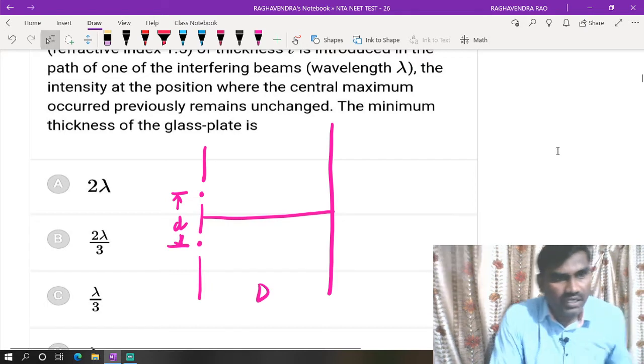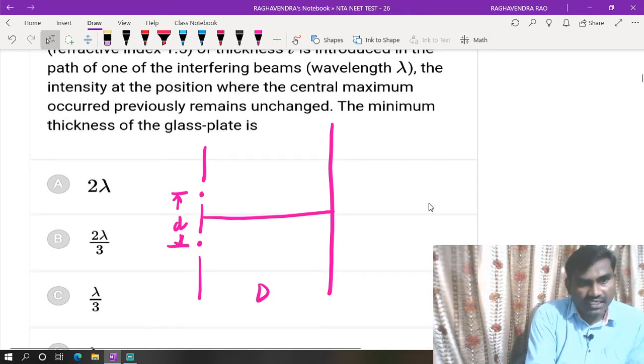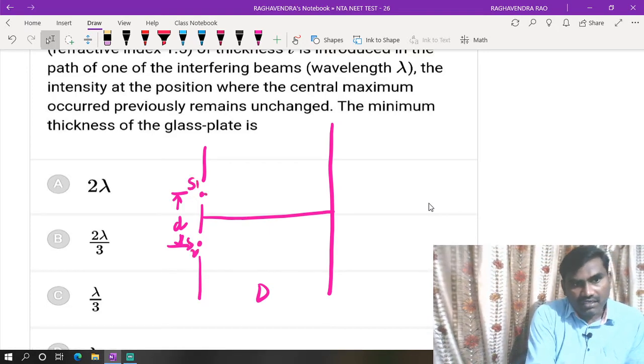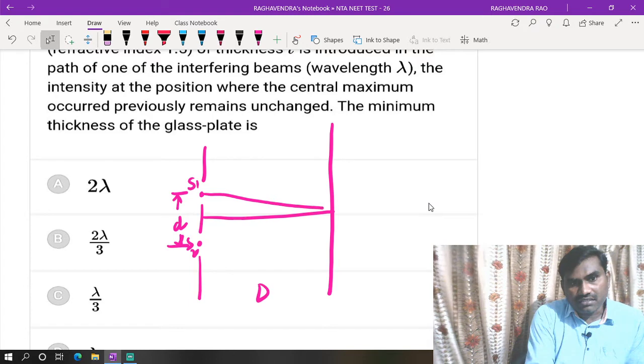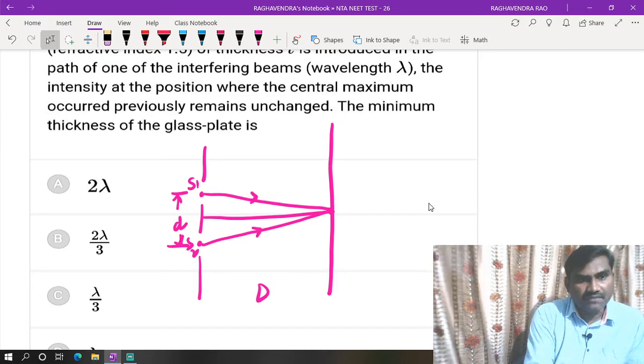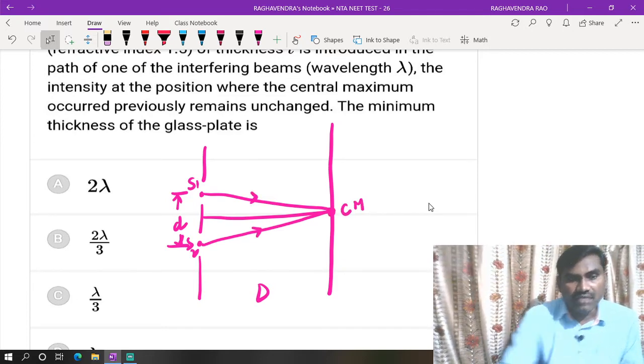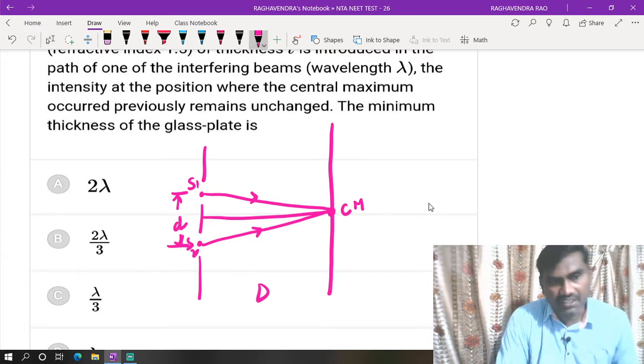Now what happens in the case of this central maximum: from slit S1 and slit S2, a ray comes directly and reaches the center of the screen, and this ray also comes and reaches the center of the screen. Now there will be a central maximum at the center of the screen.